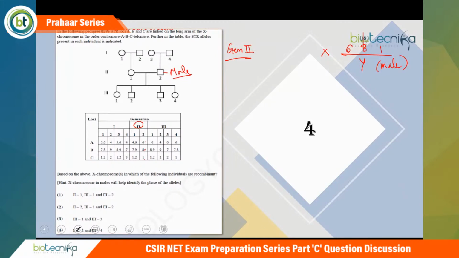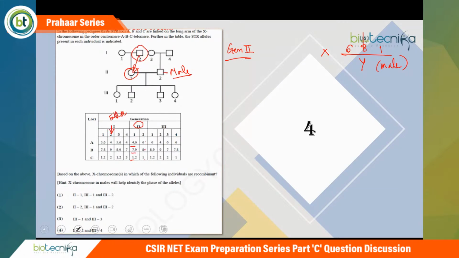Okay. Now, what about the female here? This is a female. Now, for her, for all the three loci, she has two different chromosomes. Now, which alleles are present in which chromosome? For that, we have to check her father. So who is her father? Her father is the generation 1, 2 individual. So he is the father here.